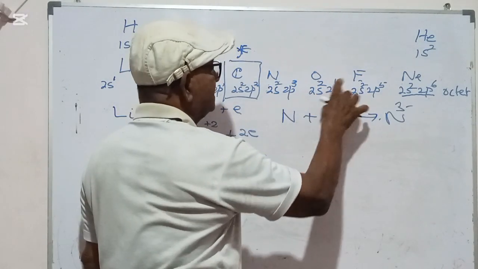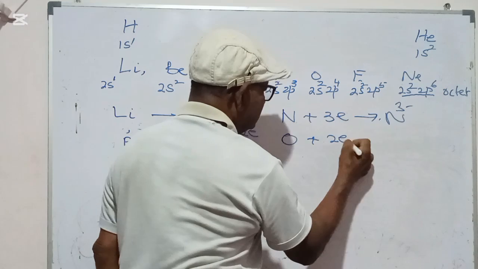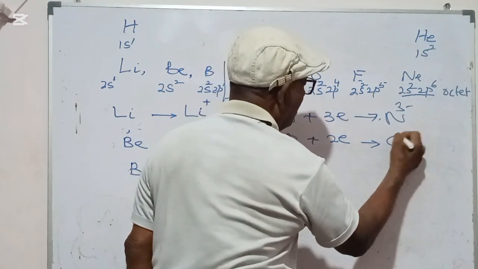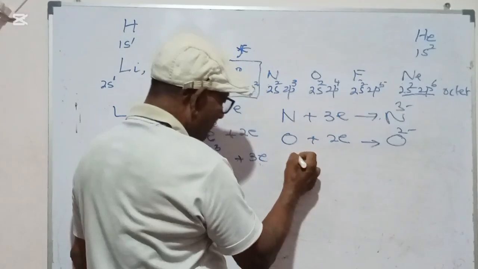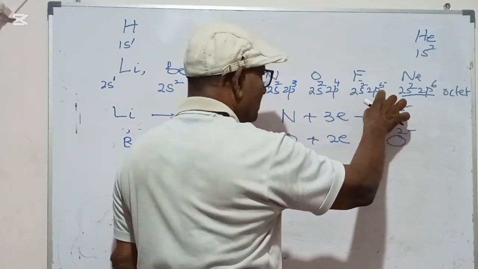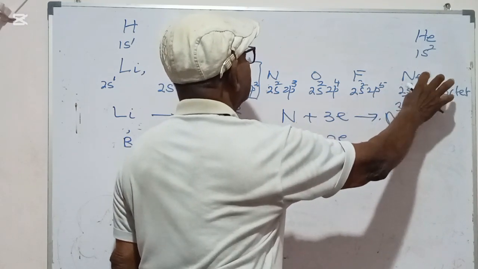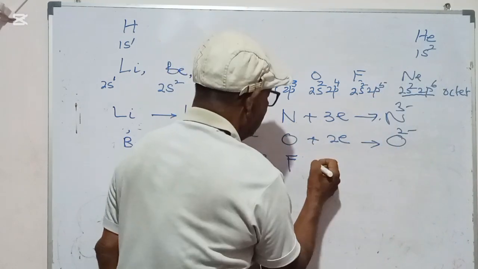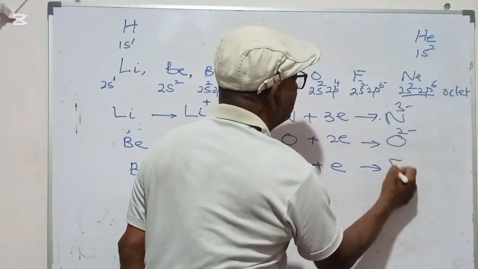Similarly, oxygen gains 2 electrons: O plus 2 electrons gives O2-. Fluorine has 2s2, 2p5 and needs one electron to gain the neon configuration. So it gains one electron to form F-.